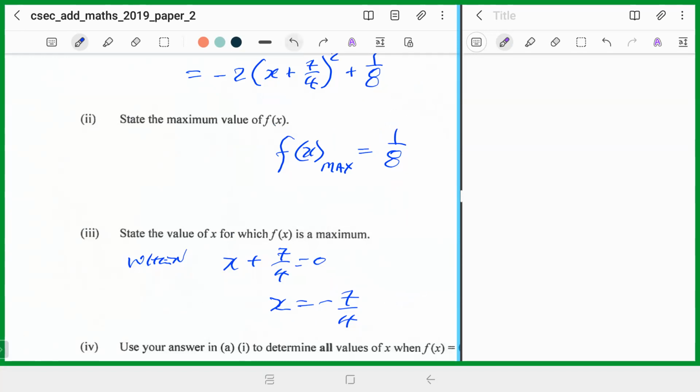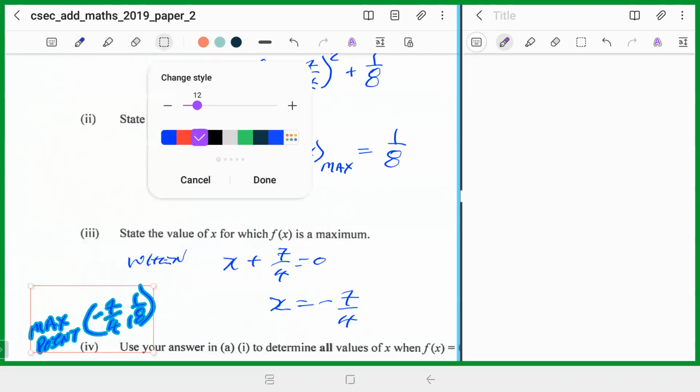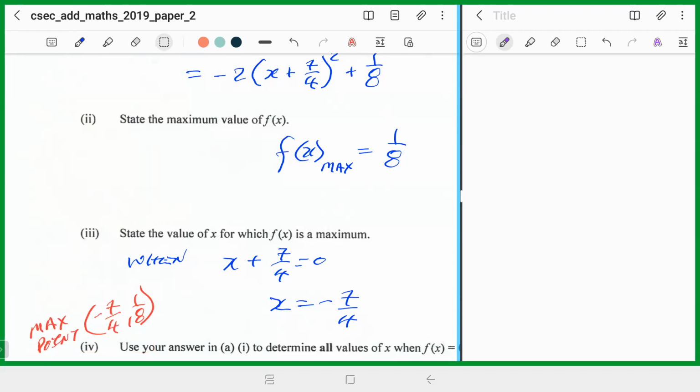So I can write it here. Maximum point is negative 7 over 4, 1 over 8. Let's change it to red. That's my maximum point on the graph.